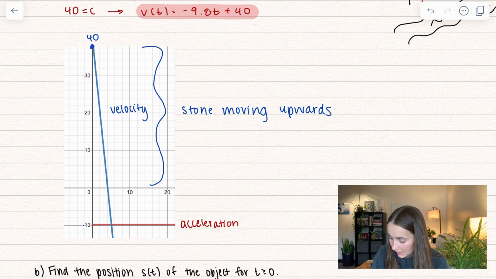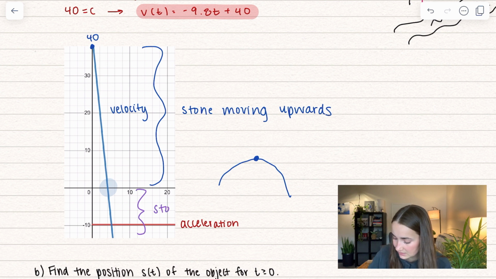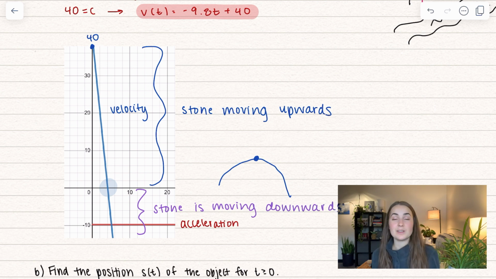But very quickly we hit a value of 0, which means the velocity of the stone is 0. It's not moving at all, which is going to be at the apex of its position. So here it hit the apex, and then we flip to a negative velocity. This is where the stone is moving downwards.